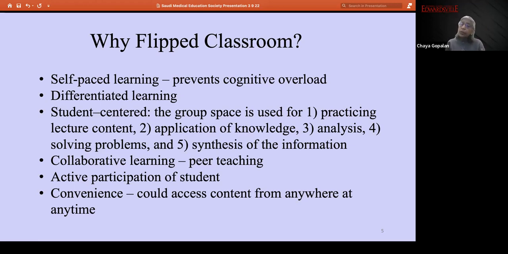So that's where you probably have to give a mini lecture. That's okay. Mini lecture is centered around the topic that the students didn't understand. You don't have to repeat everything that you have already given, but only selected topics. All right. So that is where the student drives the activities within the classroom.